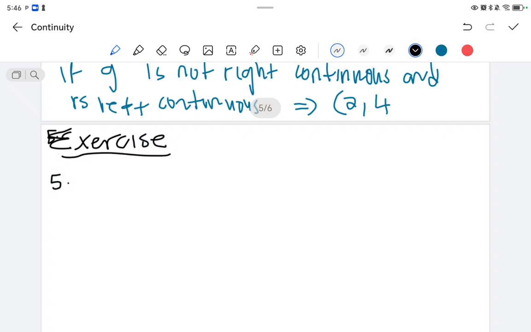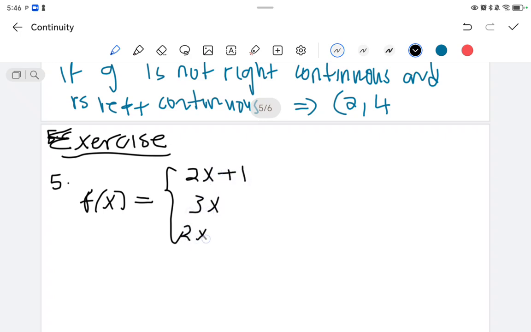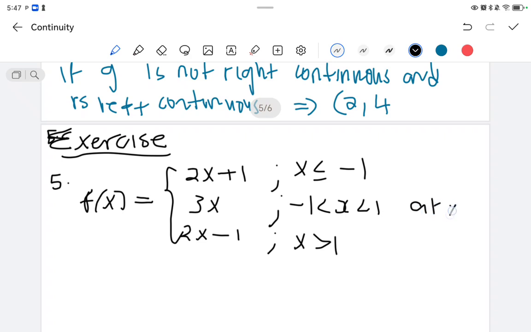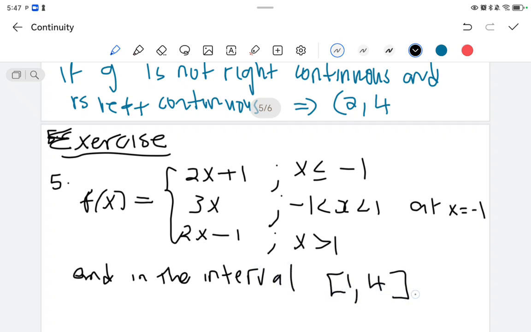It says f of x is equal to 2x plus 1 for x less than or equal to minus 1, 3x for minus 1 to 1, and 2x minus 1 for x greater than 1. We must check this at x equals minus 1 and also in the interval 1, 4. Make sure you write this.